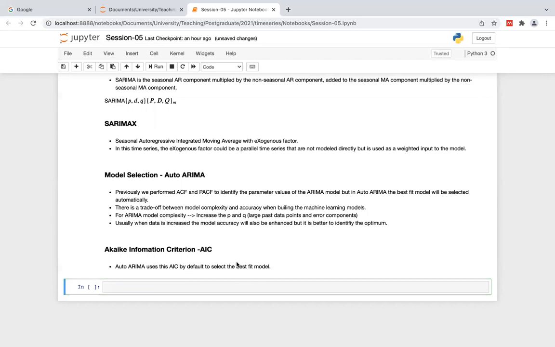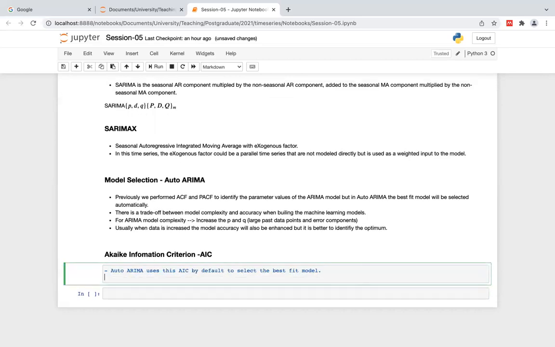This AIC is a score. It has been implemented in the mathematical model to evaluate the models and identify the best fit model out of several models, right? In the auto ARIMA, that usual way, it uses this AIC to determine the best fit model.